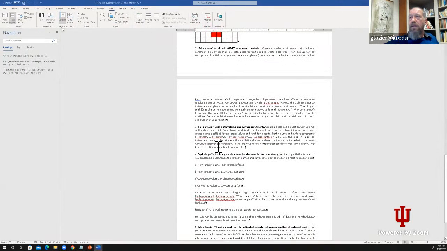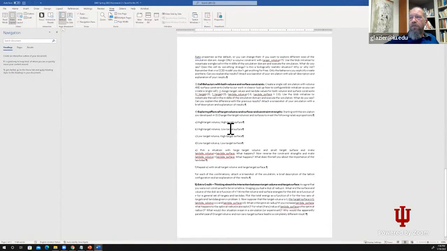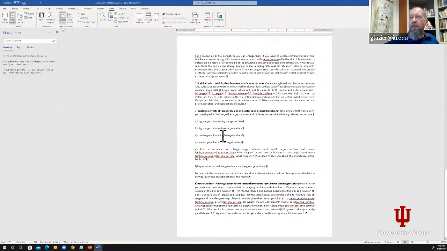Problem C is basically exploring the simulation that I've done. 3 is exploring the simulation that I've done in class now. So 2 and 3 we can do. Problem 4 we can do as well, which is changing the target and the surface, although we'll come back to that in class.